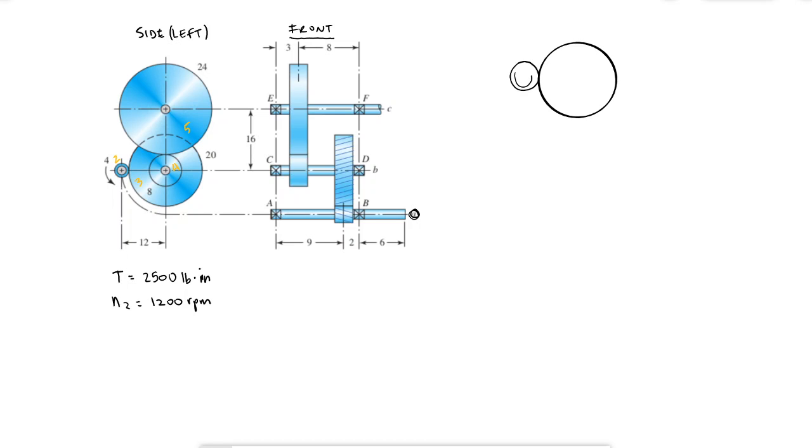If 2 is rotating in this direction, then 3 is rotating in that direction, which means that 2 feels force coming down from the teeth of 3, and then 3 feels the force coming up, so that it's actually moving in that direction. This would be labeled W3 tangential and W2 tangential, and they're both equal, because they're reaction forces, action and reaction.